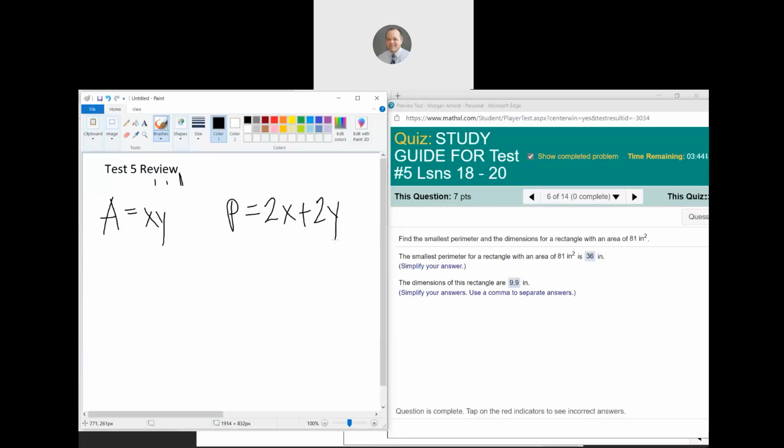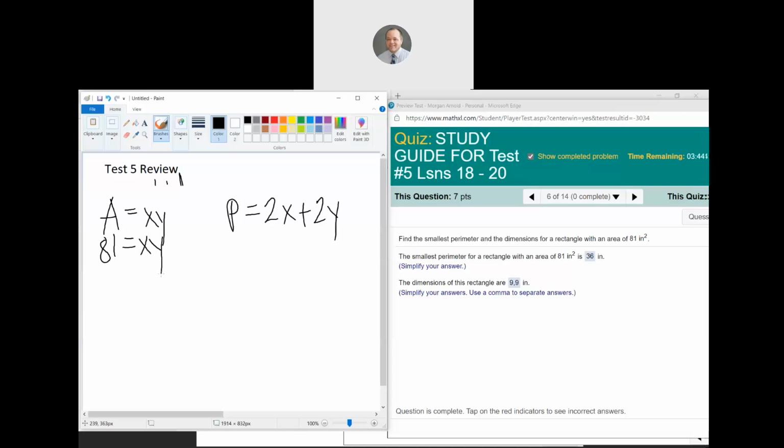Now we need to get one formula in terms of just one letter so we can take the derivative. The only other information we're given is the area is 81. Now you can either solve for x or y with the area formula.